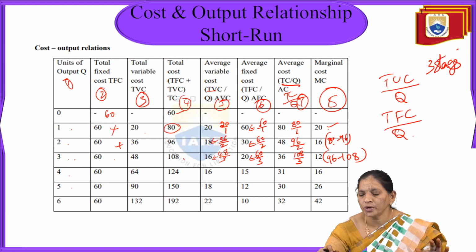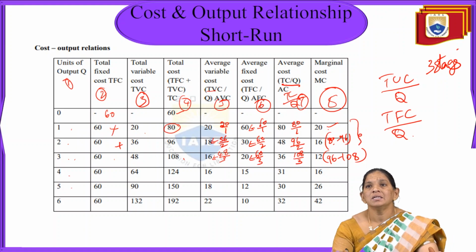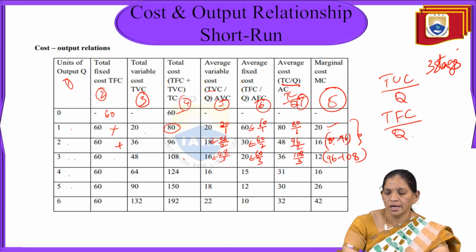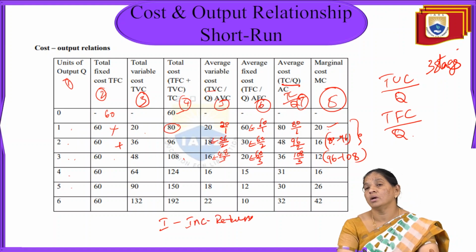So stage 1, we call it increasing returns. As it goes on, increasing returns. And stage 2, as we know, is constant. That is, the first stage is increasing returns in the law of returns to scale, or the law of diminishing marginal utility.